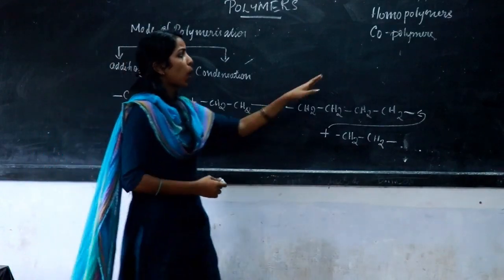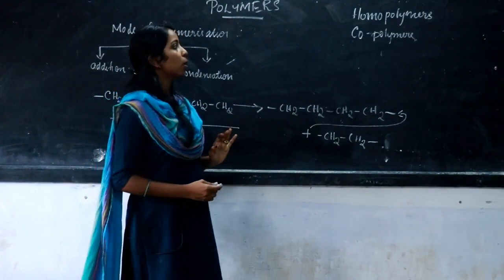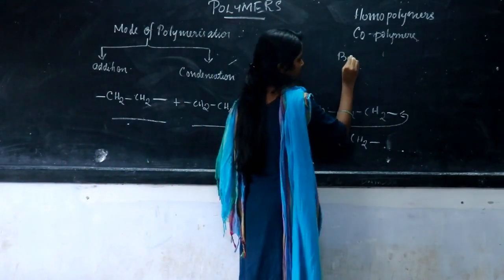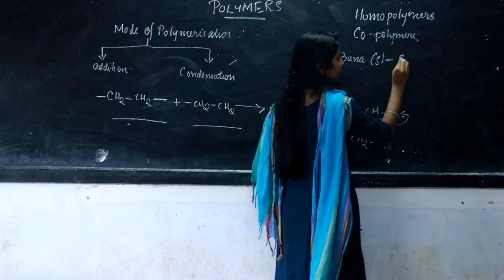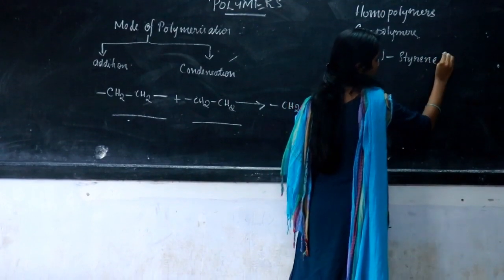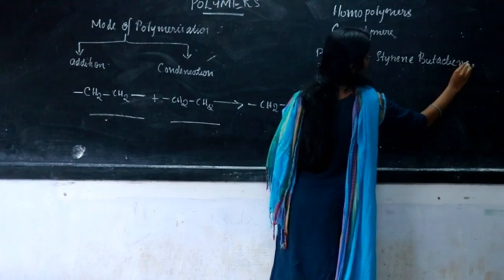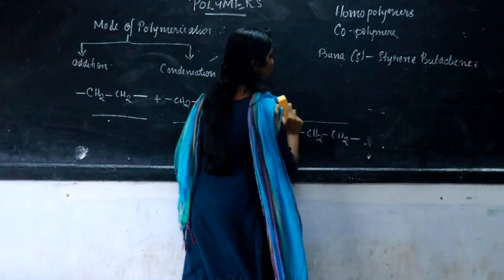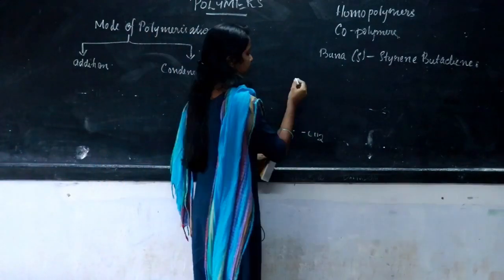Now next is copolymers. Two or more monomers combine together to form a polymer. Example, Buna-S. Buna-S is also known as styrene butadiene. The monomers of styrene butadiene are butadiene and styrene.